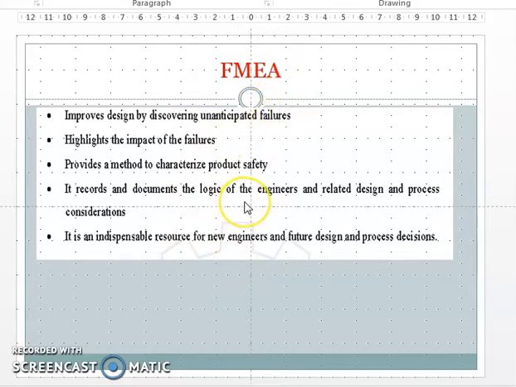Next, we are going to learn what the steps are. 10 steps are there that you have to consider in failure mode effect analysis, and after that we will see how it works with the help of one example or one case study.